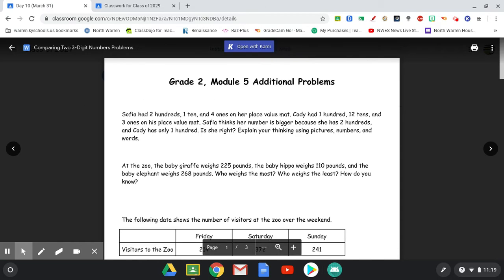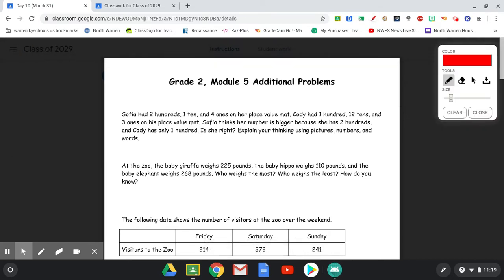So remember that when we are comparing numbers, we are telling if they are greater than another number or less than another number. Some vocabulary that you might want to remember is greatest, or greater.